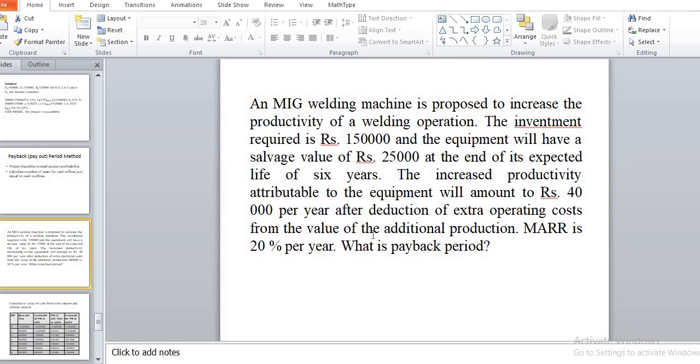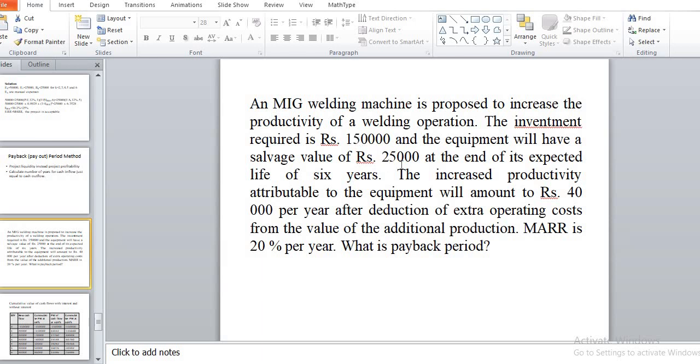So in this case, the productivity of the MIG welding machine is increased, and due to the increased productivity, some amount will be gained. Here the initial investment is given as 150,000.